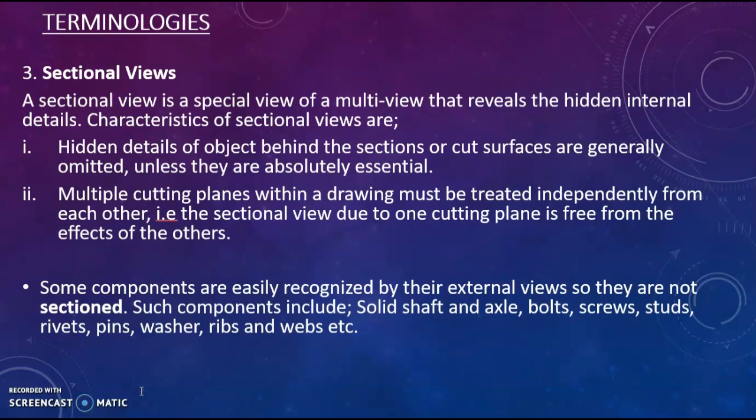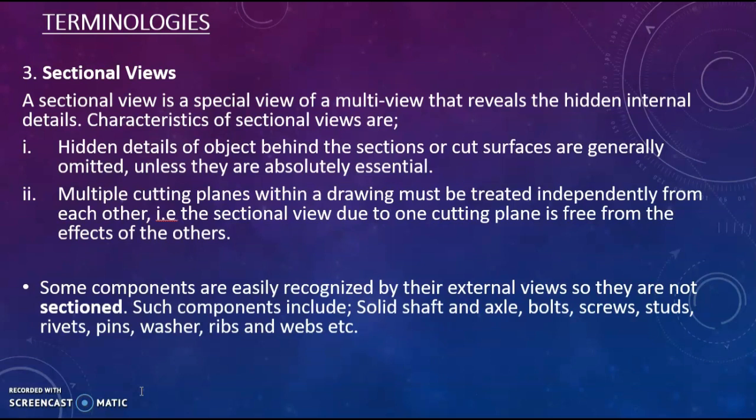Such components include solid shafts and axles, bolts, screws, studs, rivets, pins, washers, ribs and webs, etc. Whenever we meet these components in any engineering drawing or technical drawing, we do not section them because they are easily recognized. There is no need for us to section them.